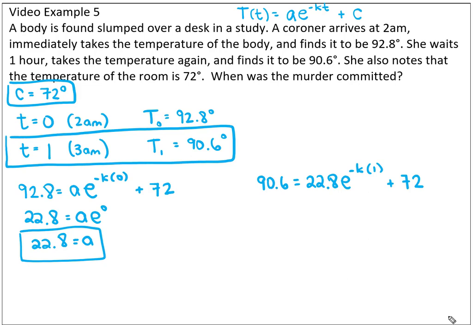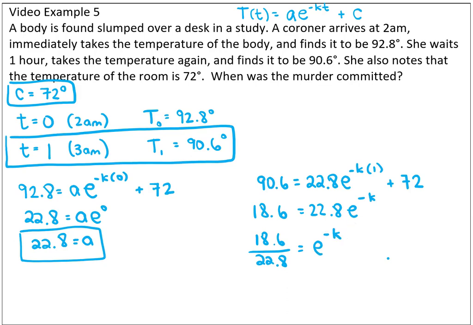So subtracting 72 from both sides gives me 18.6. And negative k times 1 is just negative k. We'll rewrite it as 18.6 divided by 22.8 is equal to e to the negative k.